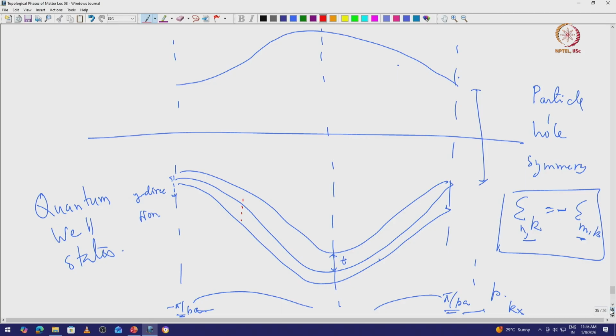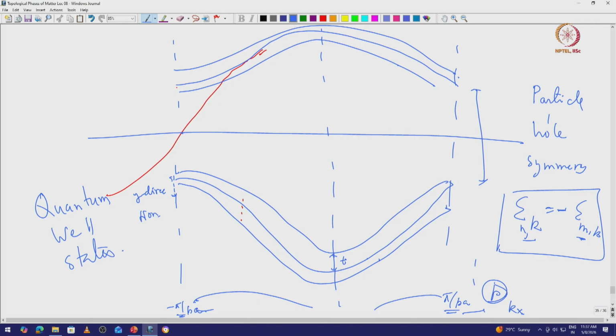But what will happen, to our surprise, is that at the end there will be a metallic band that will go from. So, this sort of band at the edge will become like this, and there will be only one state, and the other band, there are p bands, that will also have another state.